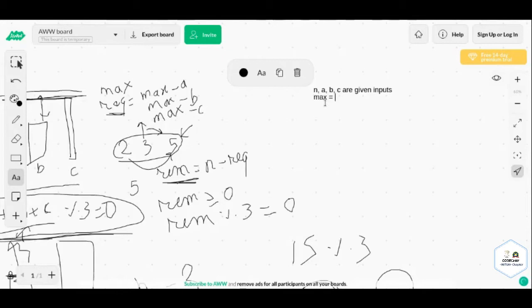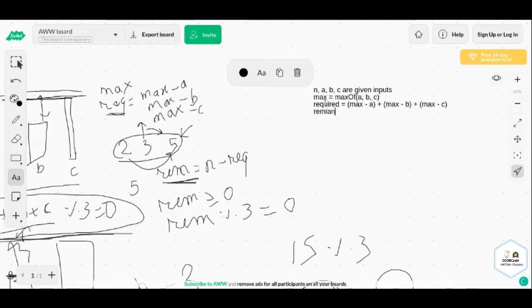So max is equal to the max of a, b, and c, and required is equal to max minus a, and so on.